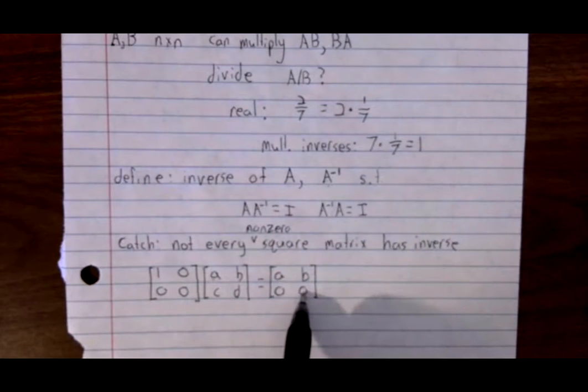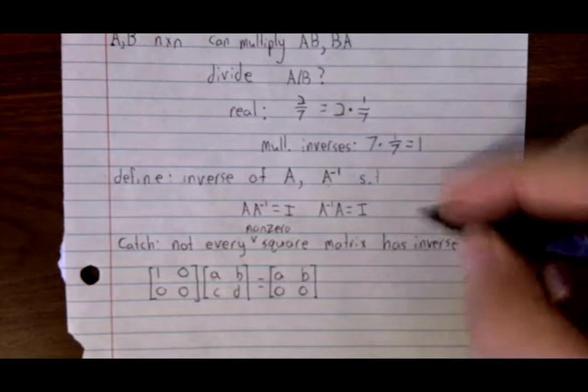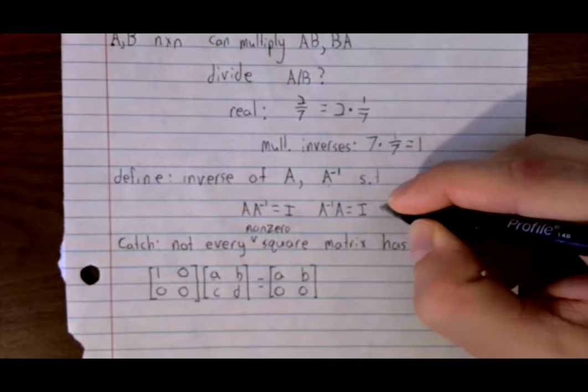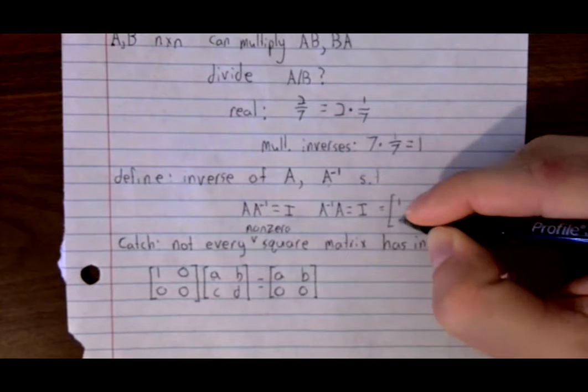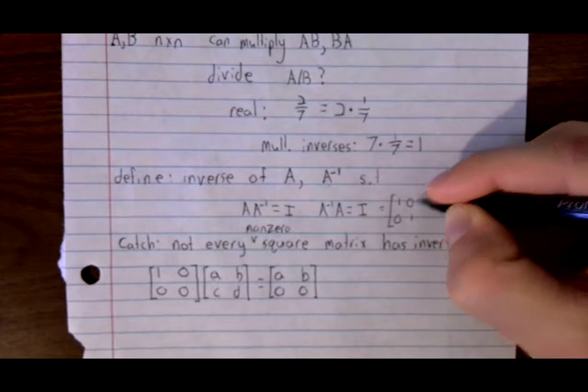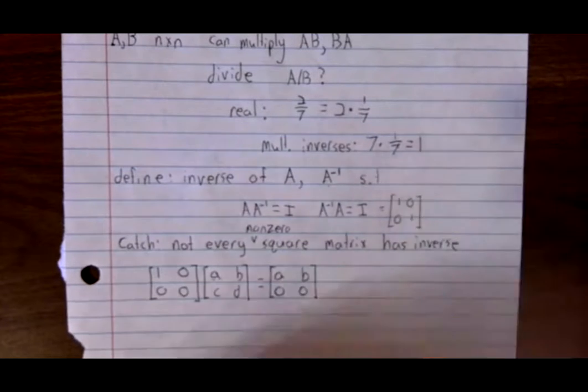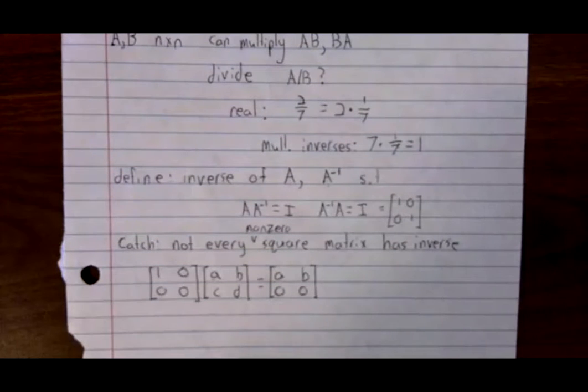So since we don't have a 1 here, this can't be the identity. Remember that the identity matrix has 1s down the diagonal.